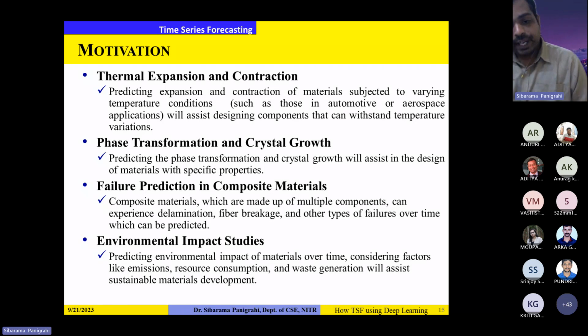If you can predict the environmental impact of materials over time, considering factors like emission, resource consumption, and waste generation, you can develop sustainable materials. So I have just listed a few of the applications of time series forecasting.